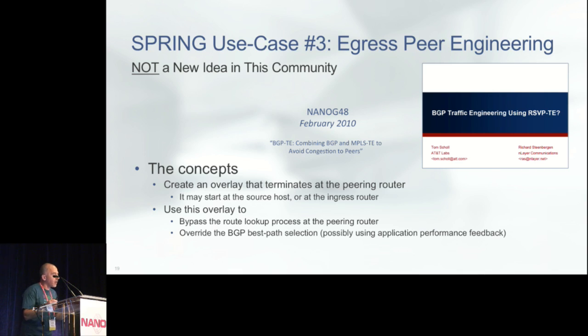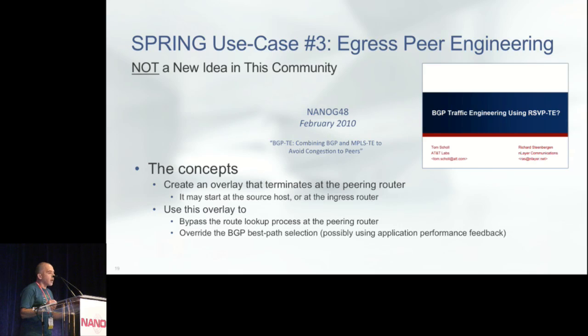So the last thing I want to talk about, the last example, is this case for egress peer engineering. That's the last spring spiration, and it's not a spring spiration at all. It has been around for years before Spring was conceived. In fact, the first reference I could find for it is from 5 years ago, coming out of this forum.